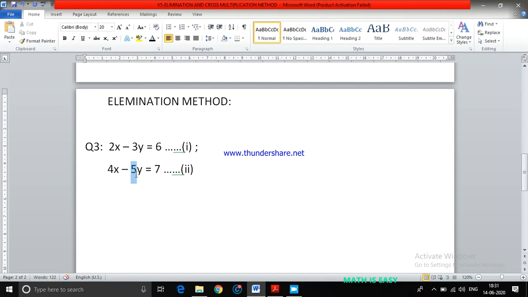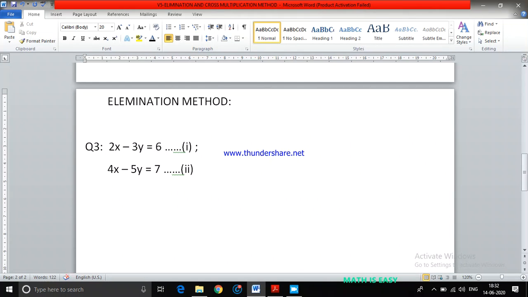And here the y coefficient is 5. If I want to make either the x coefficient or the y coefficient the same, what should I do? If I want to make the x coefficient the same, here you have 4x and here you have 2x. If I multiply equation 1 with 2 on both sides, left of equality, right of equality, let's see what will come.